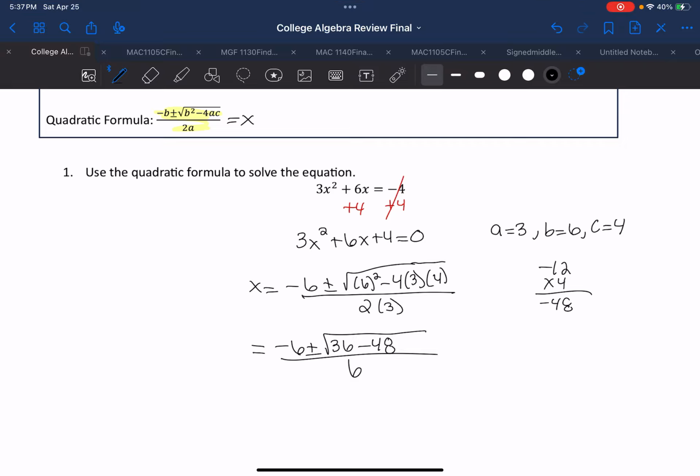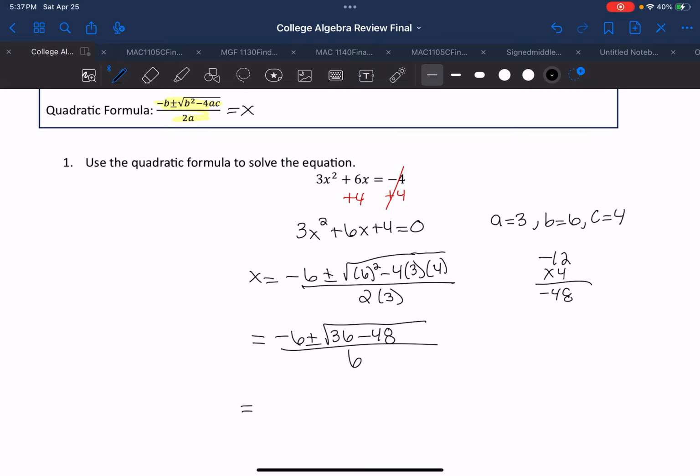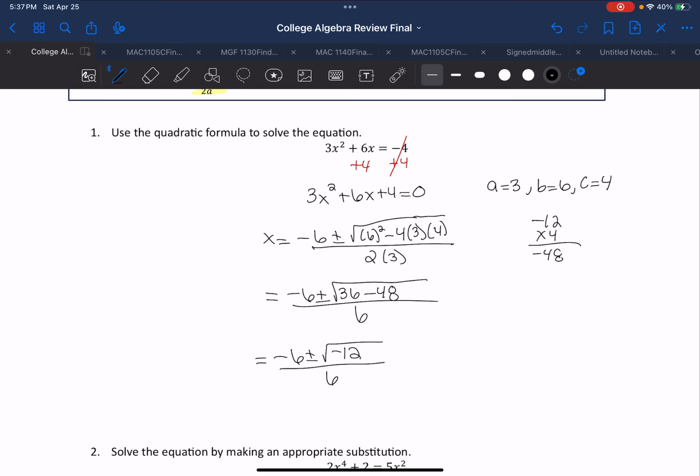And then I would keep going and simplify the 36 minus 48 under the radical. And that will give me negative 12 underneath the radical there.